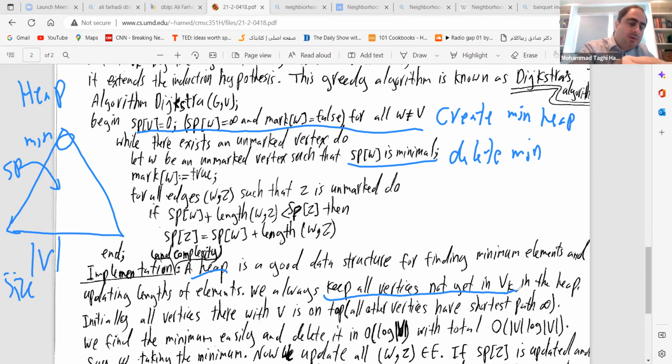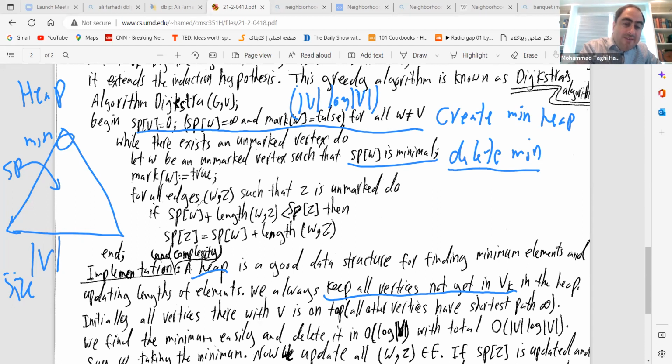In some sense, you can insert everything, then you can delete V. V here has the minimum, 0. This step takes maybe order V. You are inserting every SP, then you find the minimum vertex, the one that has the minimum value. That was the heap structure. This is the delete min, and then you do this operation.